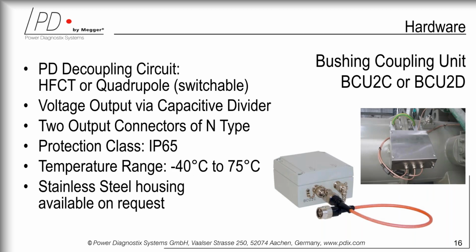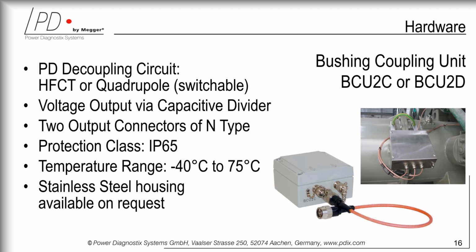The decoupling unit has basically a quadrupole typical feature, has a voltage output via capacitive divider, has of course the PD output, has two N-type connectors and the same type of protection and temperature range because it needs to be outside, generally speaking, with a short lead by the bushing coupler that you've seen previously.